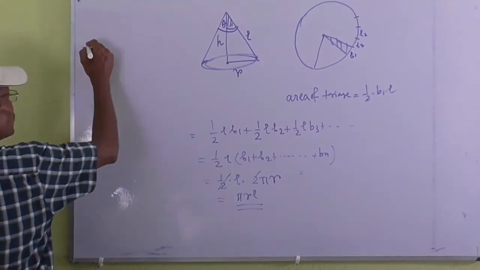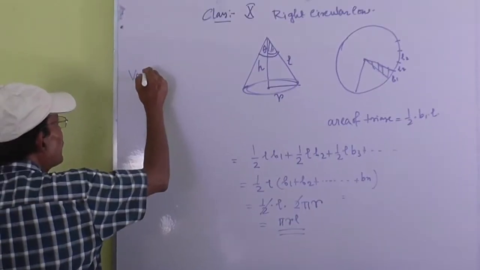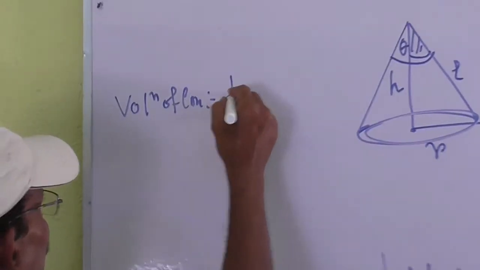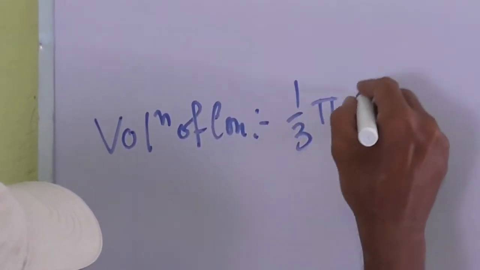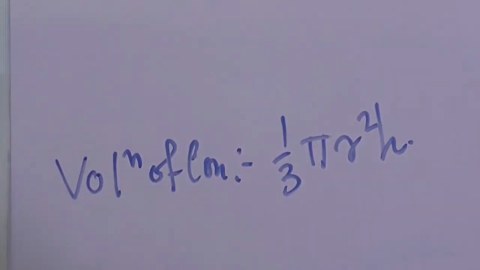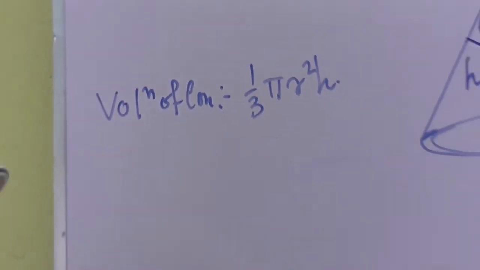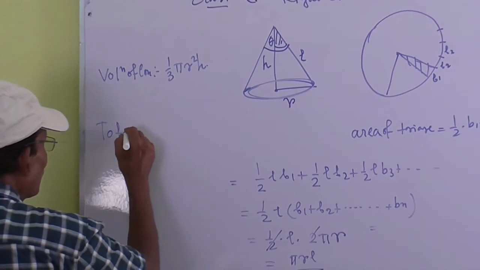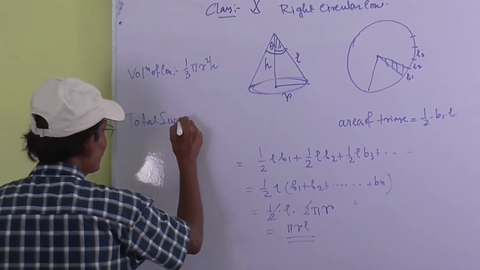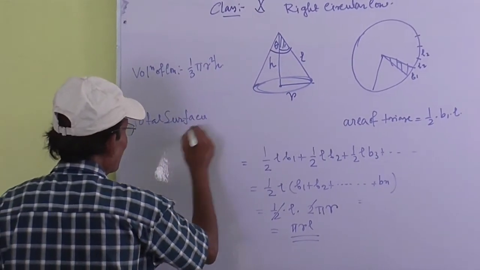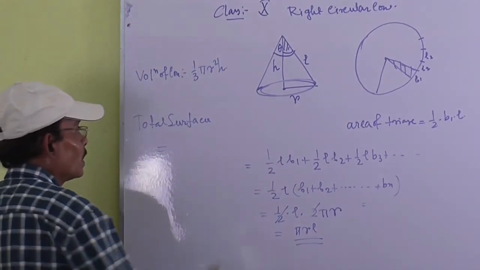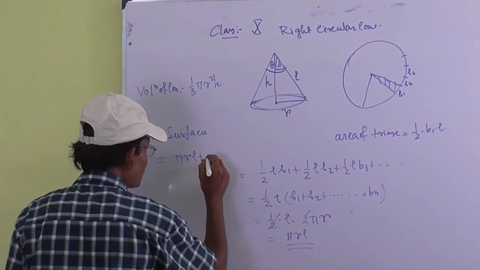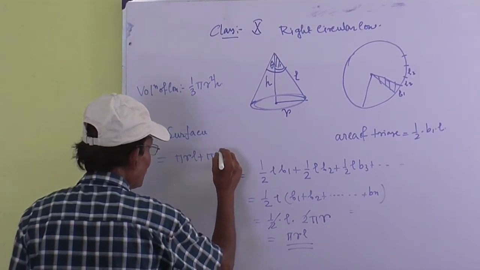Now, the volume of the cone is one third pi r square into h. Clear? And the total surface will be curved surface plus pi r square.